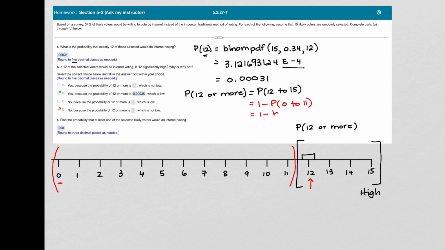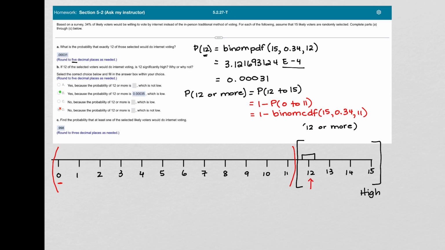So this is 1 minus Binomial CDF. And we started with 15 trials. And probability of an individual success is 0.34. And we want a maximum of 11 successes there.